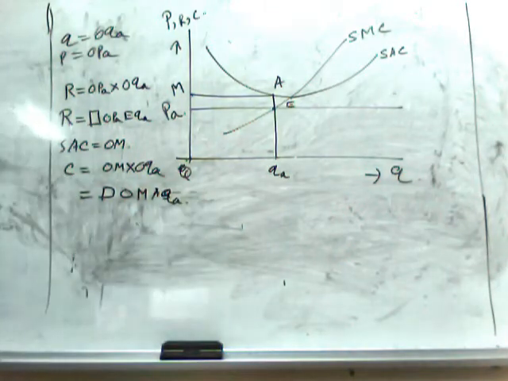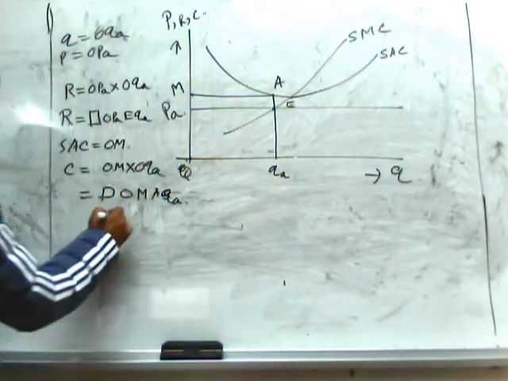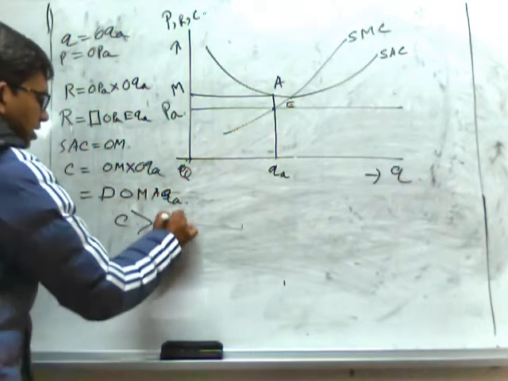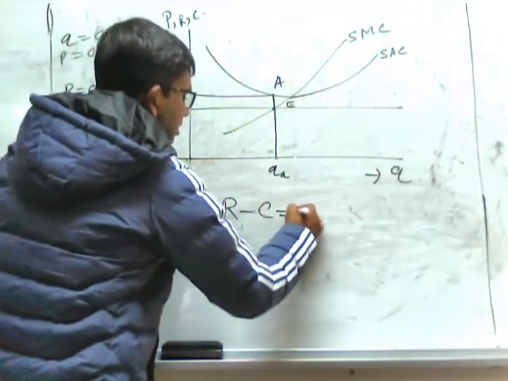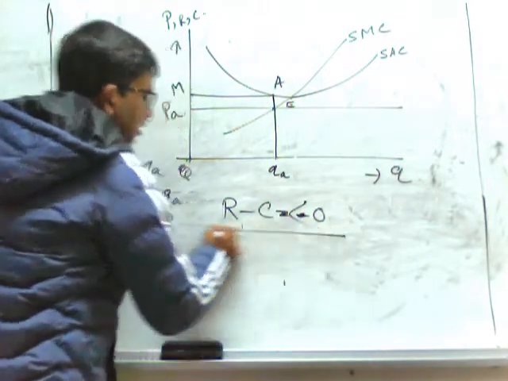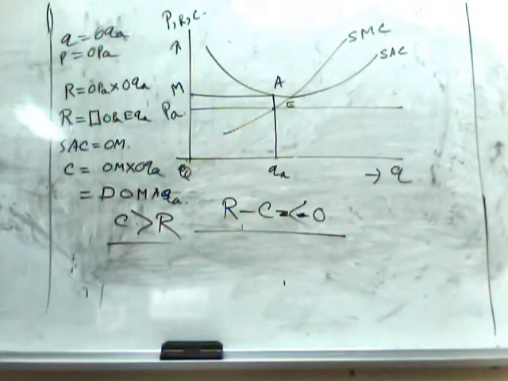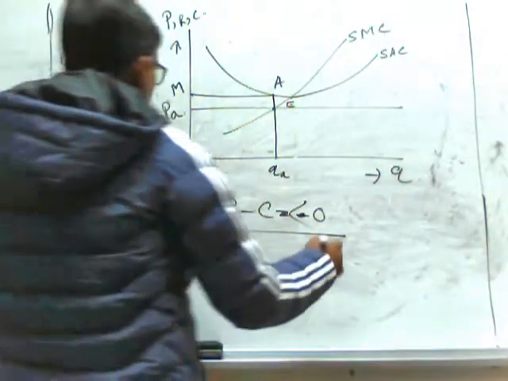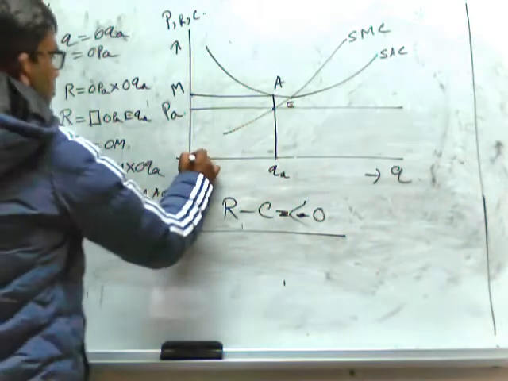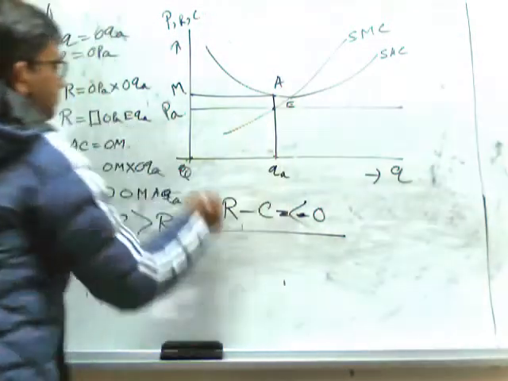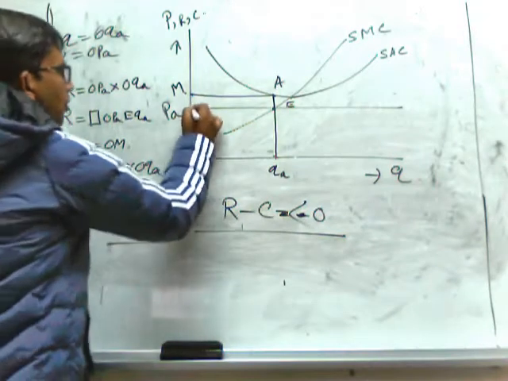So in this case we find that cost is greater than revenue. That means revenue minus cost is definitely less than 0. So the firm is facing a loss. Here cost is OMAQA and revenue equals OPAEQA.